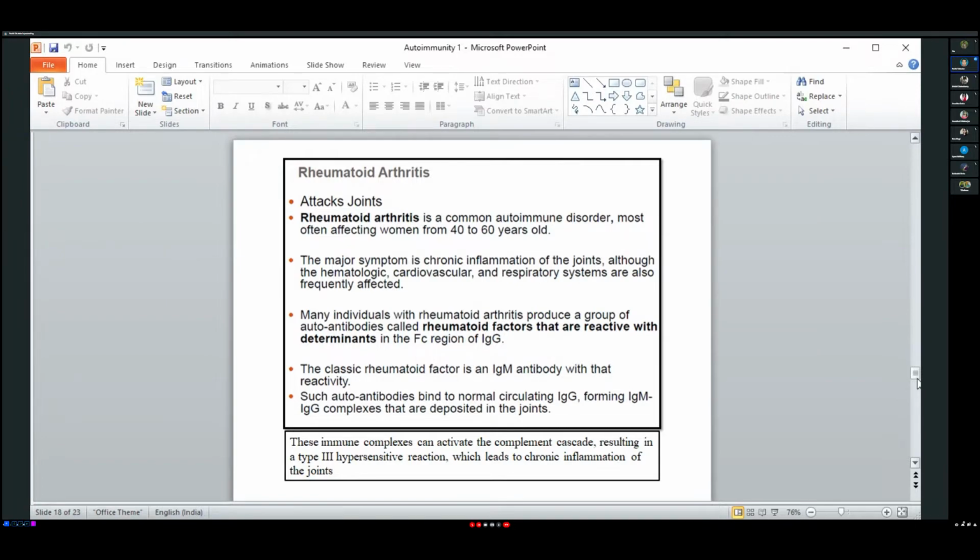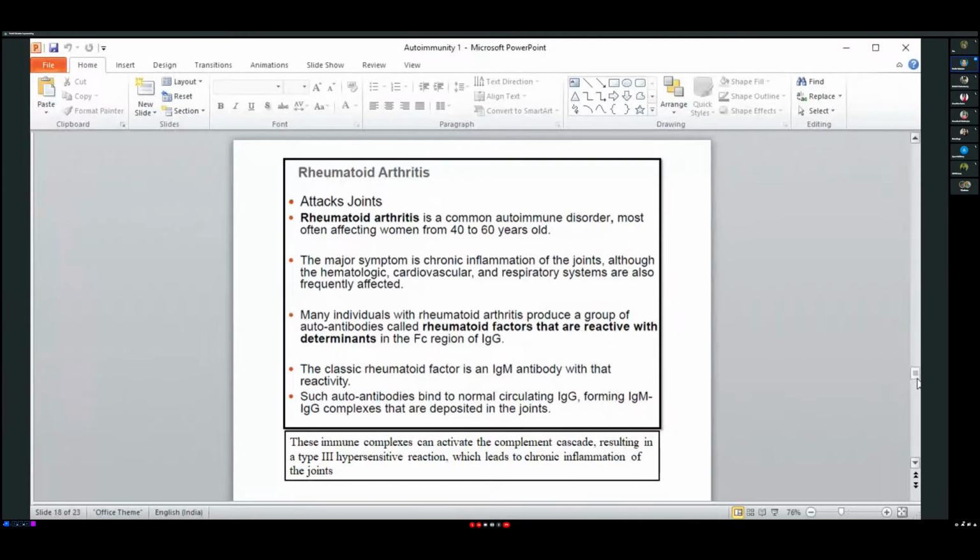Another thing is that the classic rheumatoid factor is an IgM antibody with that reactivity. So you can understand these autoantibodies can bind with the normally circulating IgG, and by this they form the IgM-IgG complex, and this IgM-IgG complex gets deposited into the joints.